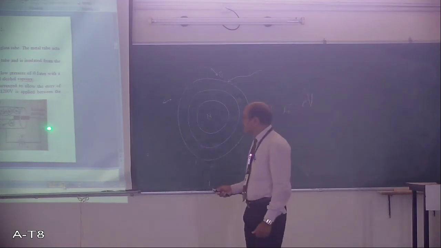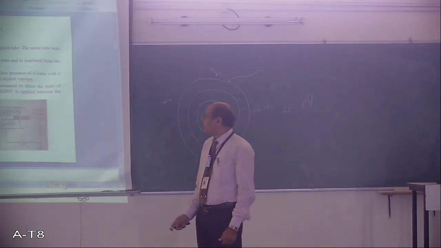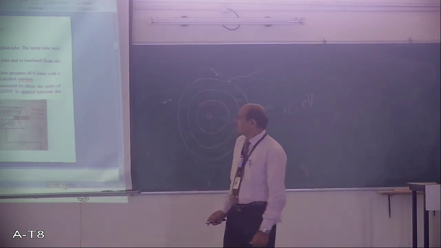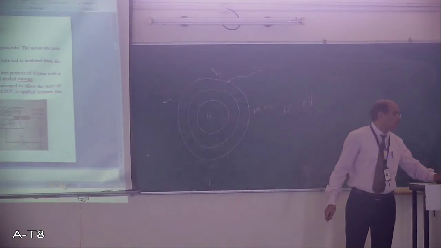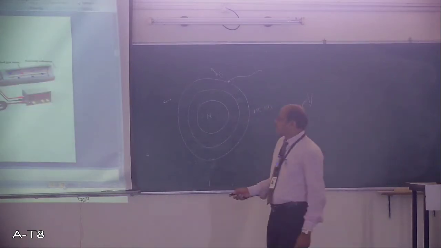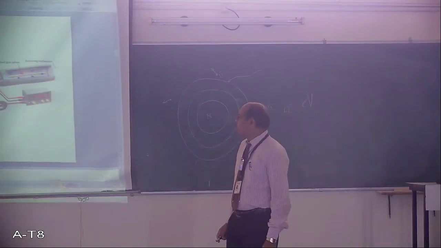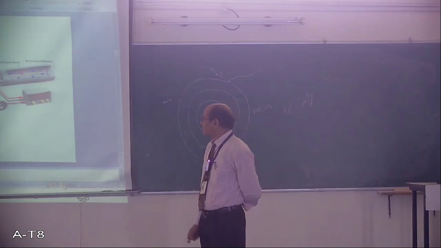Across this resistor we will get a certain voltage, but that voltage is very small, of the order of 10 microvolt across R.